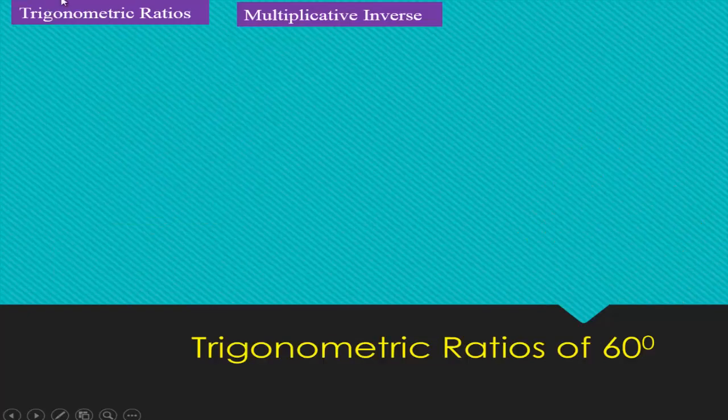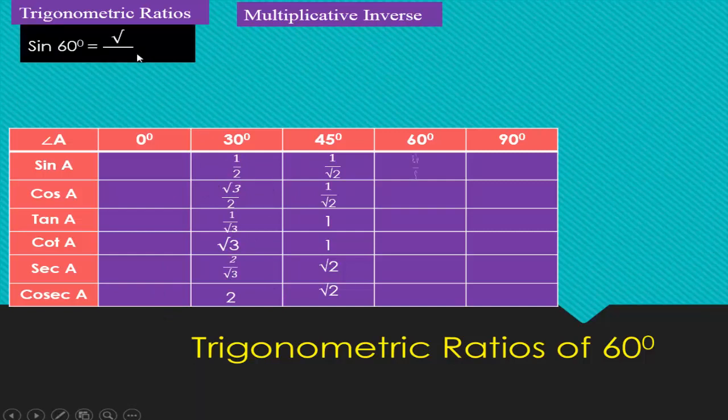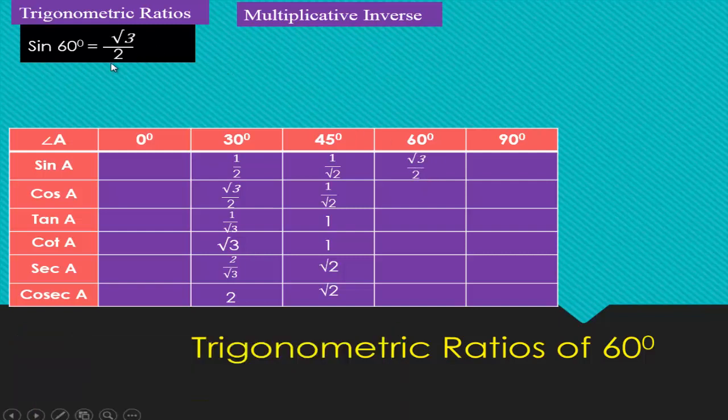Let us revise the trigonometric ratios and multiplicative inverse of 60 degrees. We have already learnt the trigonometric ratios of 45 degrees and 30 degrees. Now, sin 60 equal to root 3 by 2, and the multiplicative inverse of sin 60 means cosecant 60, that is 2 by root 3. The multiplicative inverse of root 3 by 2 is 2 by root 3.